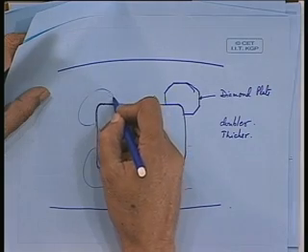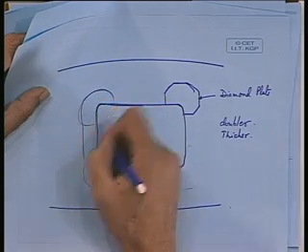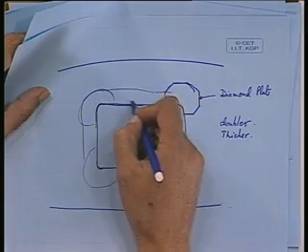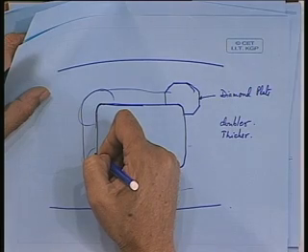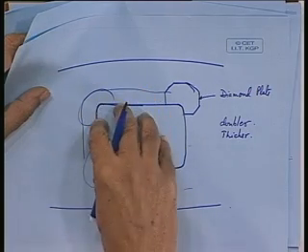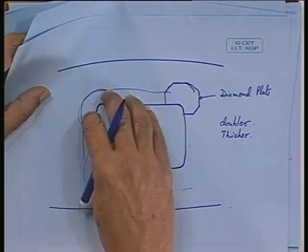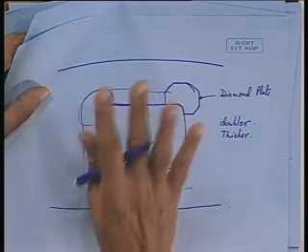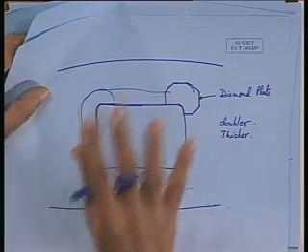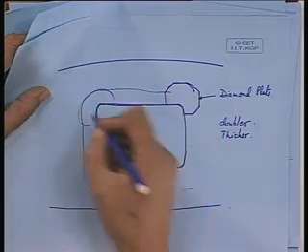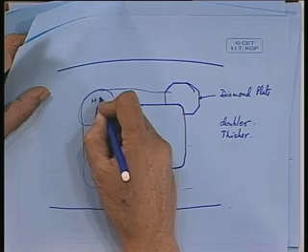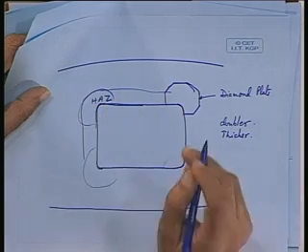And therefore, in the vicinity of this, the property of the material or the crystalline structure of the material undergoes some changes, some metallurgical changes take place because of the heating and cooling, and this part is known as heat affected zone, HAZ.